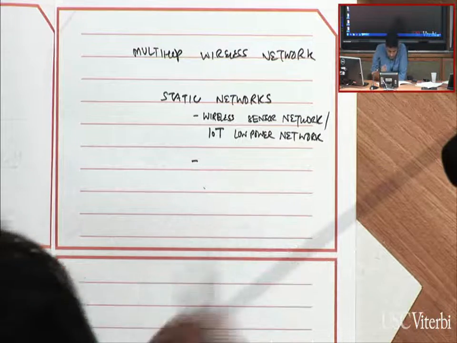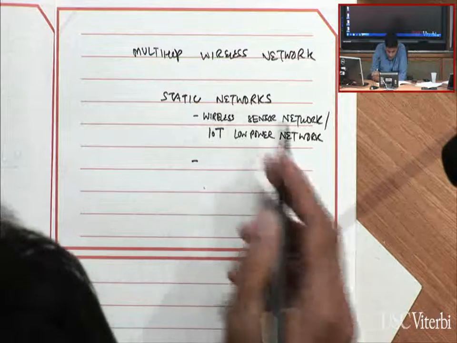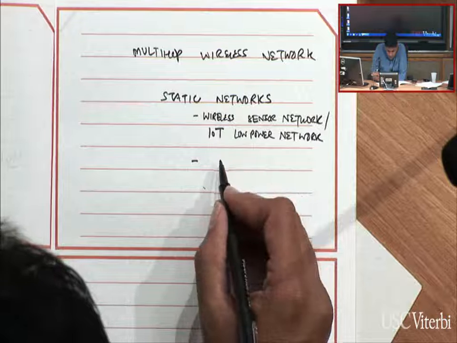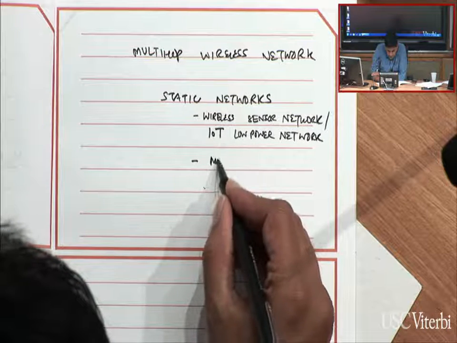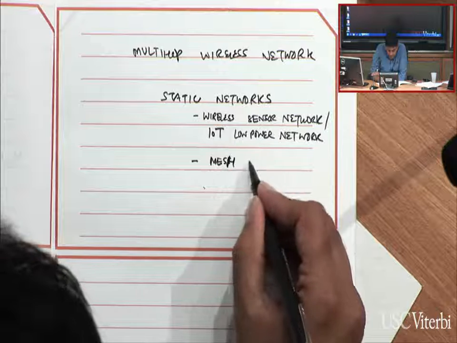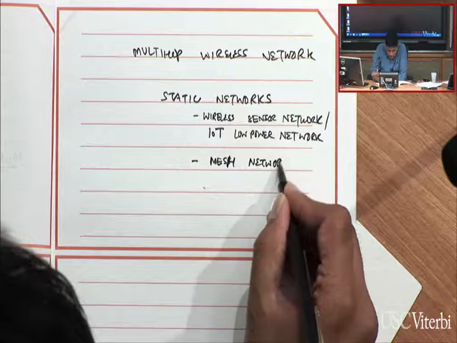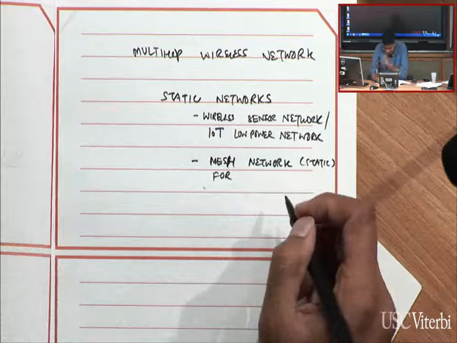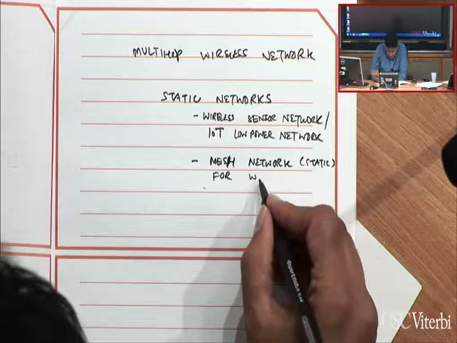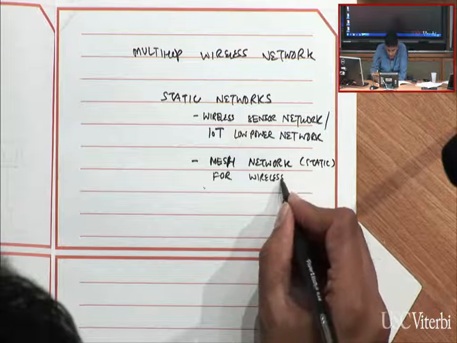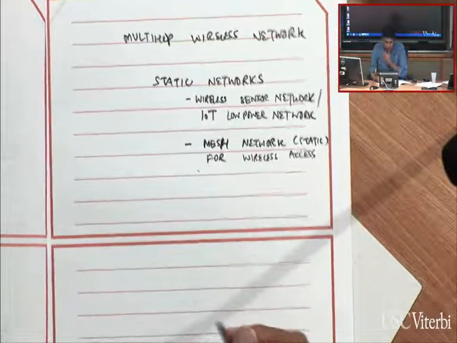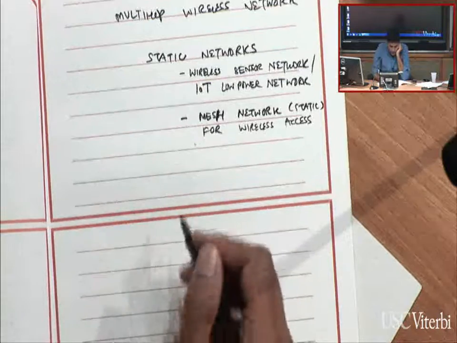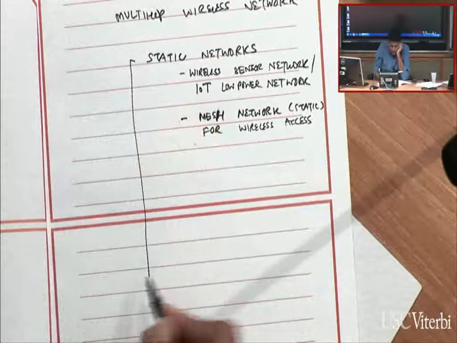And another class of static networks that is encountered is sometimes referred to as a mesh network, but really a static mesh network for just providing wireless access. So I'll go a little bit more in detail and describe examples of these, but let's continue at that high level first as we vary that dimension of mobility.